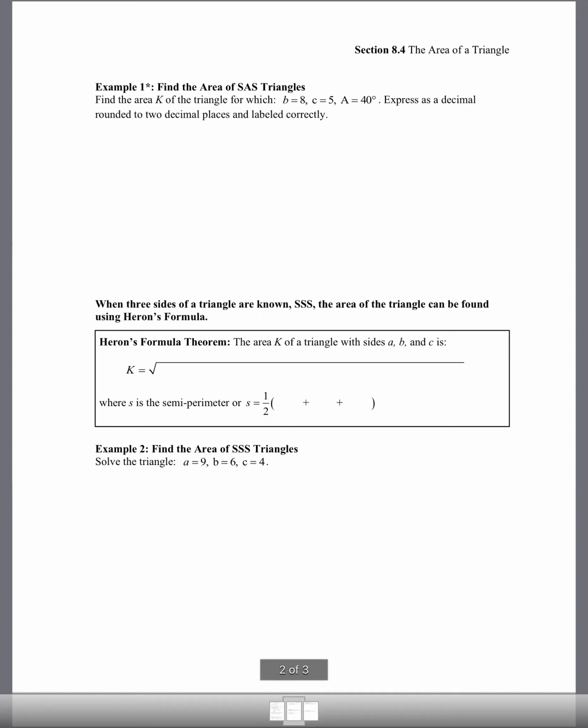I'm asking you to just bear with me here, and I'd like to draw out a basic triangle of what we know. I'm going to let this be angle A. I know that it's a 40-degree angle according to the given. I have side B right here, that's 8. I could call this here C, which is 5.